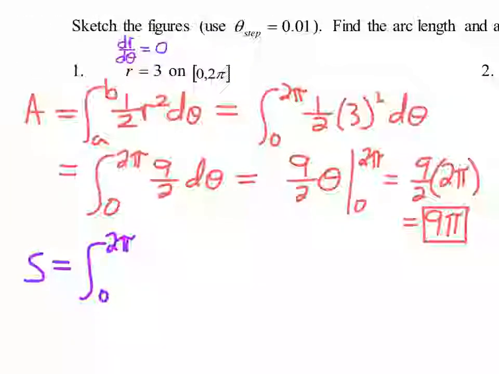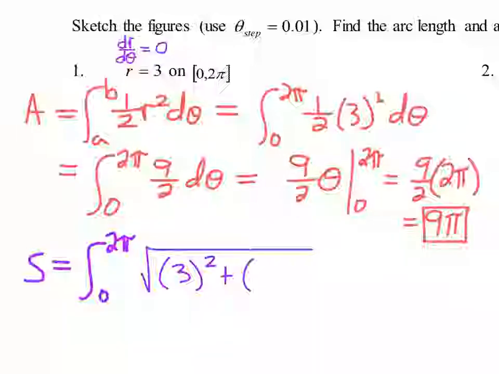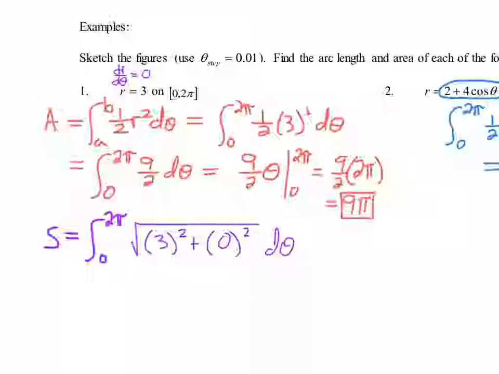So 3 squared plus dr d theta squared, so 0 squared d theta. So that's going to end up being, if we clean it up, the integral going from 0 to 2 pi. The 0 squared is immaterial, it's irrelevant.